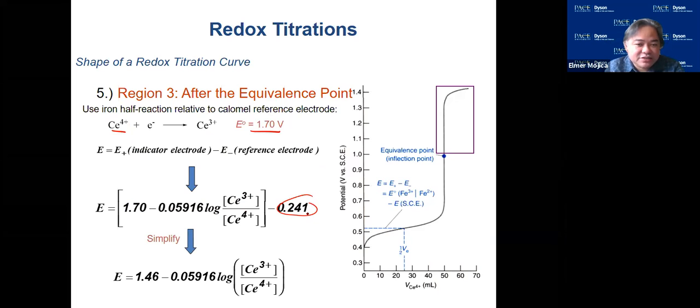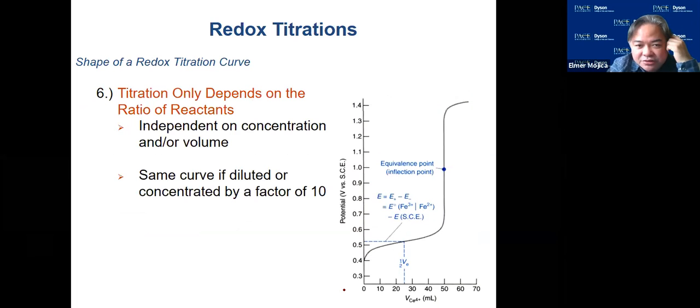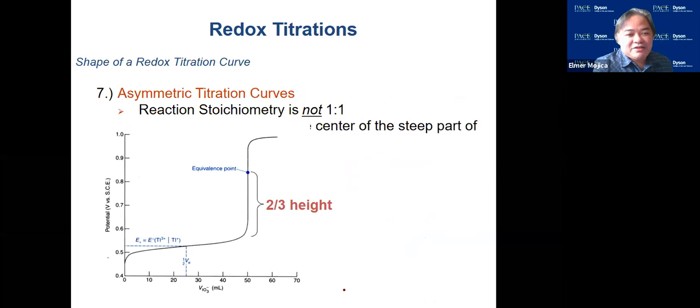And this is what we get: 1.46 minus 0.05916 log of Ce3+ over Ce4+. So this is just based on Nernst's equation. And if we continue, the titration now only depends on the ratio of the reactants. It's independent of the concentration and the volume. So it's the same curve if diluted or concentrated by a factor of 10.